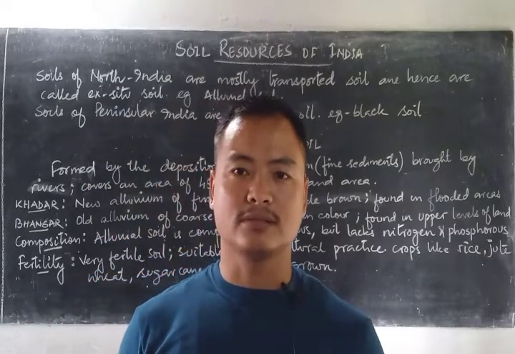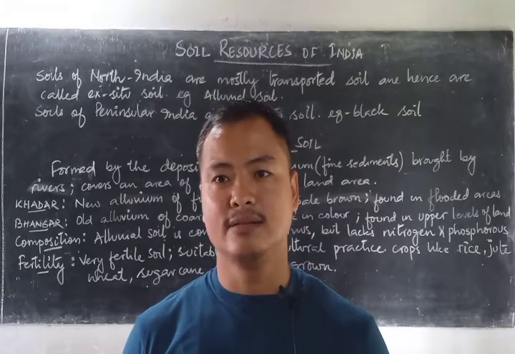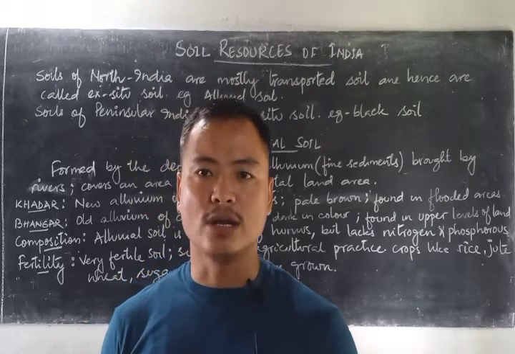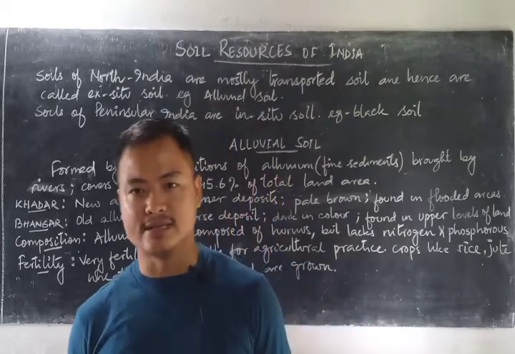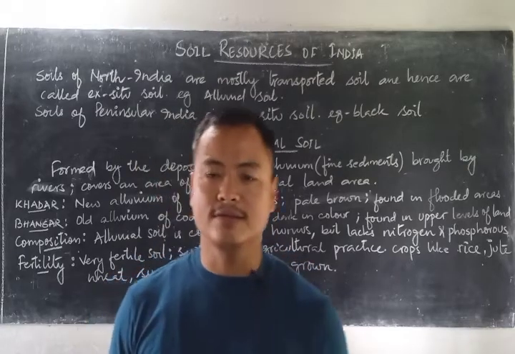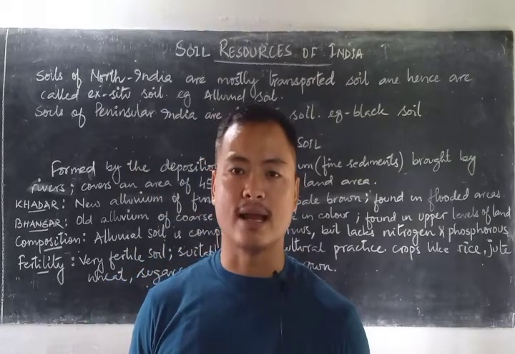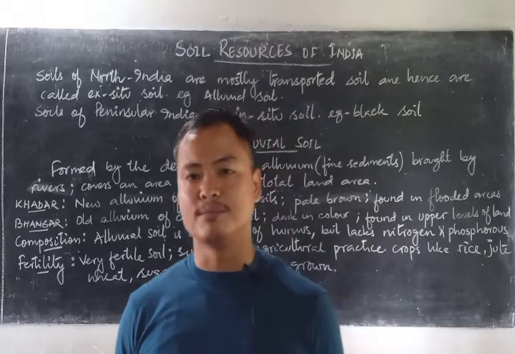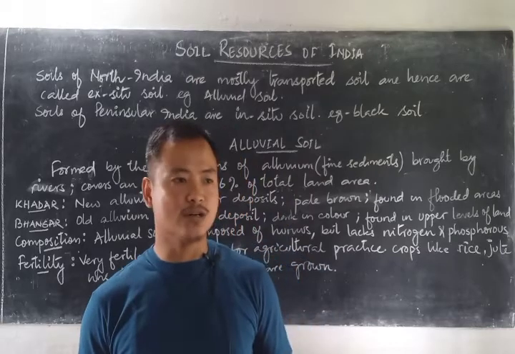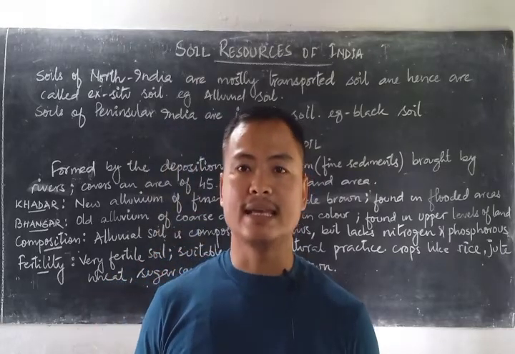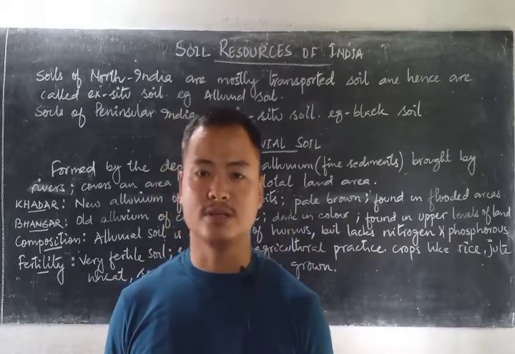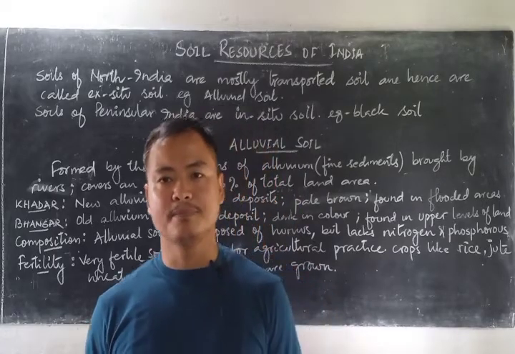So, around the country, we find various types of soil. But if we divide soil into different regions like north and south, in the north, we mostly find soils that have been transported from one place to another. In fact, these soils are called transported soil because they are brought by rivers and deposited elsewhere in the low-lying region.